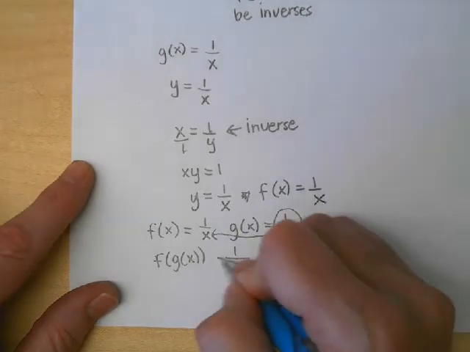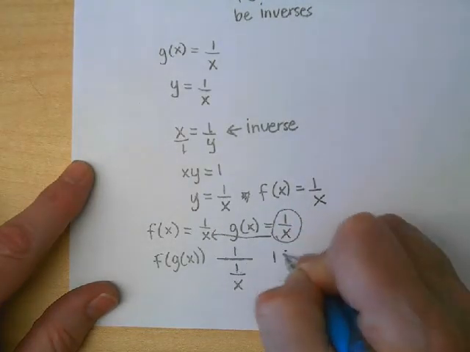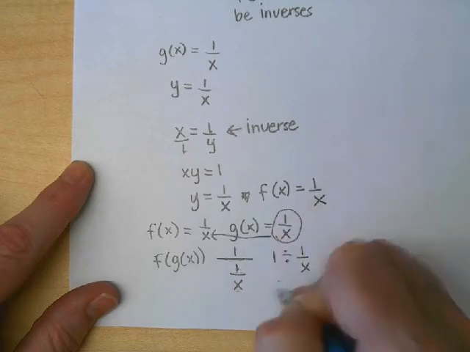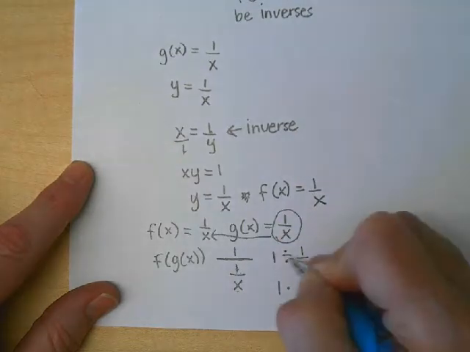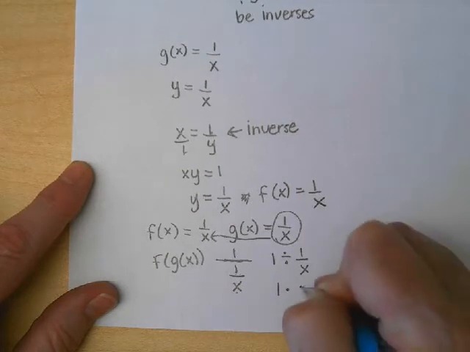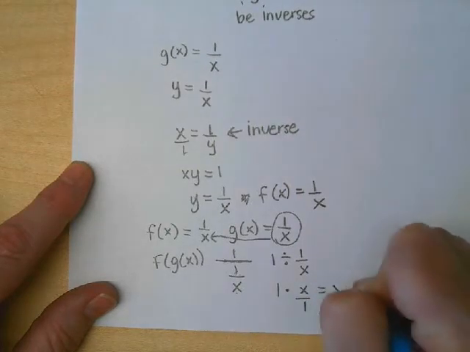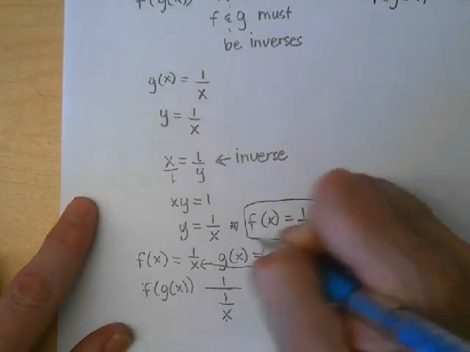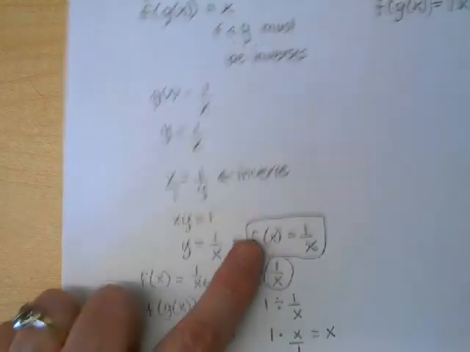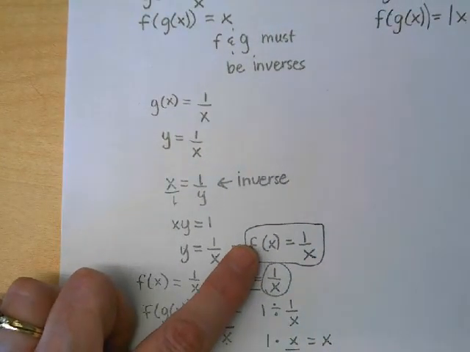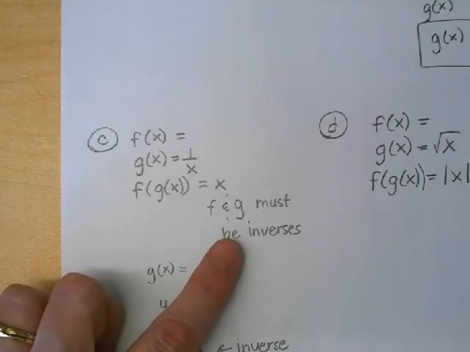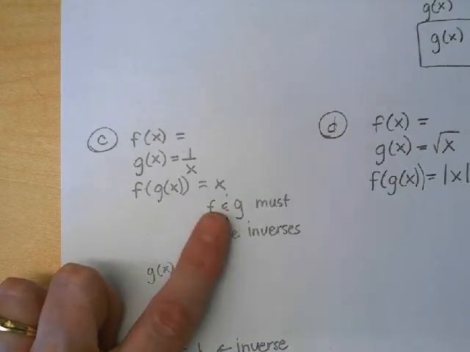This is 1 divided by 1 over x, and remember, that's the same thing as multiplying by the reciprocal. So it works. f of g of x is equal to x. So there's our answer. Again, this is why I told you that your SAT scores will go up hugely, because we just start reviewing all of these things.